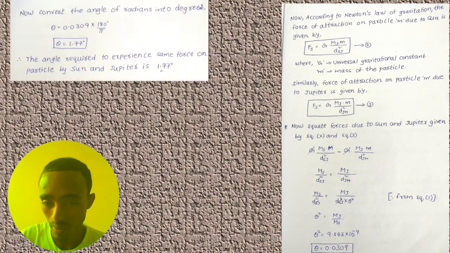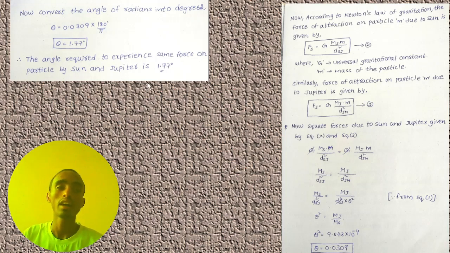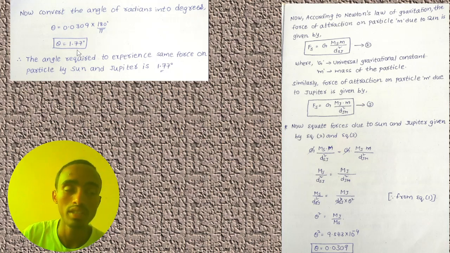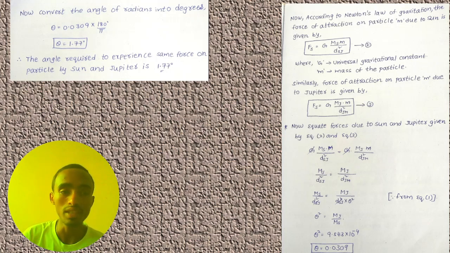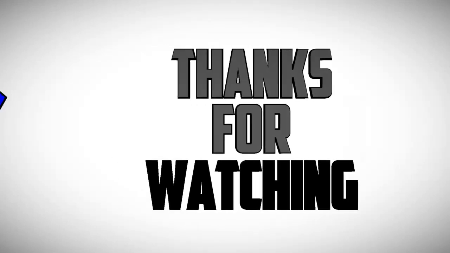Finally, we get the distance between Jupiter and the particle, and you can substitute into the arc length formula, and simply you can get the angle theta equals 0.039 radians. After this, we can convert it into degrees, and we will get 1.77 degrees. You can use a calculator and simply check this.